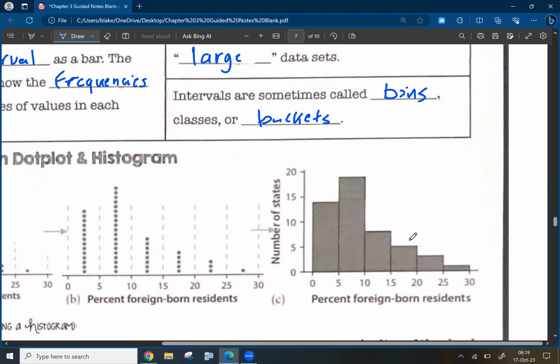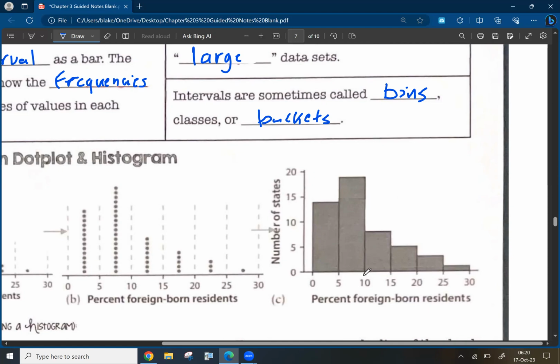Now, a couple things I'm going to mention about the difference between bar graphs and histograms. Bar graphs will have spaces between the bars. Histograms do not. As you can see, these bars are connected. There's no space between them. This is important because it's an interval range. This bar is carried from 0 to 5, and the next bar goes from 5 to 10.